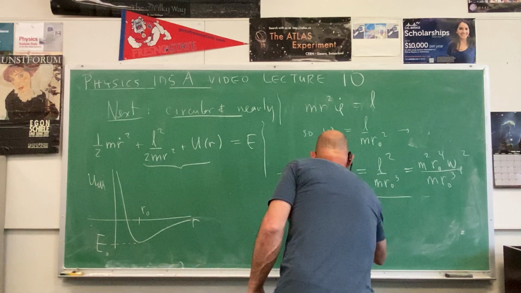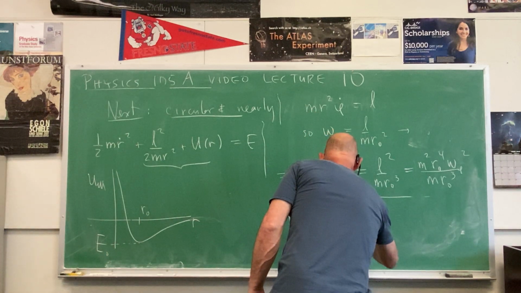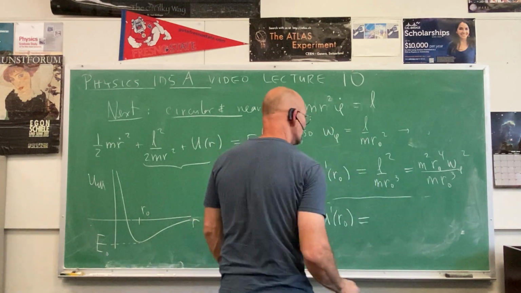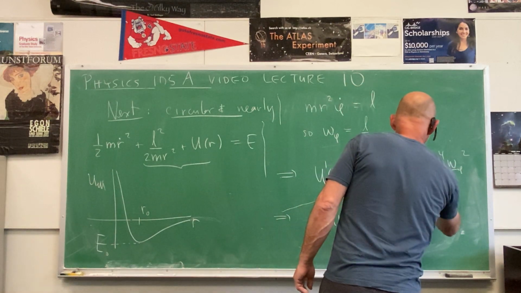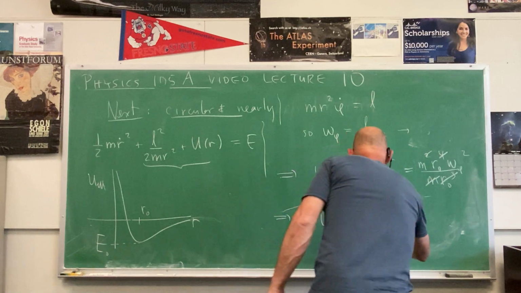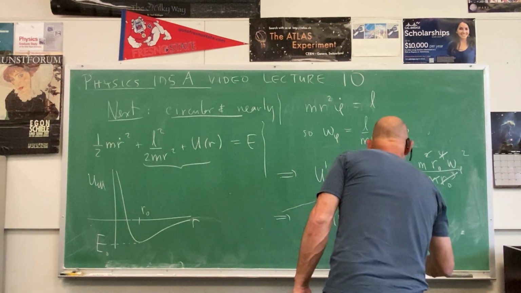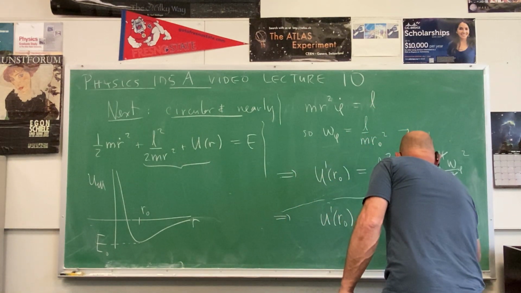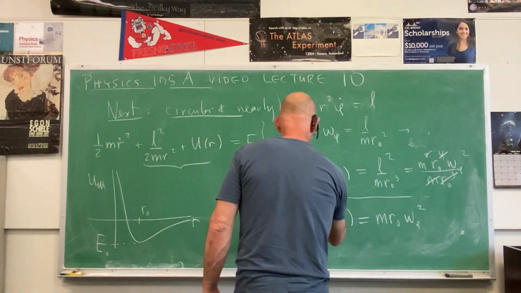So here we have U prime of R0 is equal to m R naught omega sub phi squared. Okay.